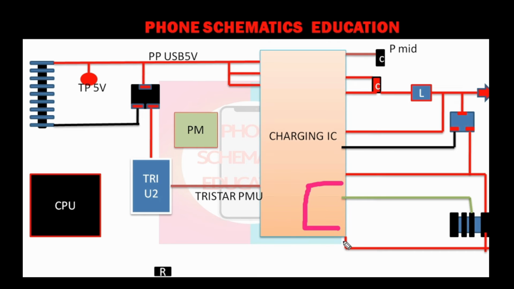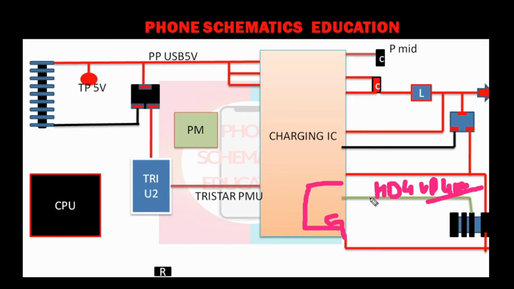This VBAT sense pin is also connecting to the gauge section, right? Now this pin is called HDQ gauge, right?